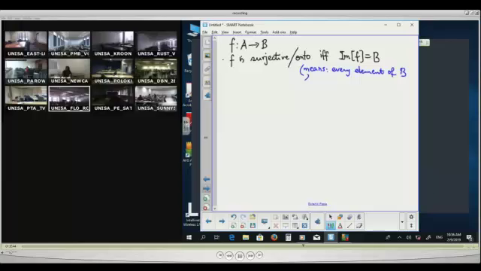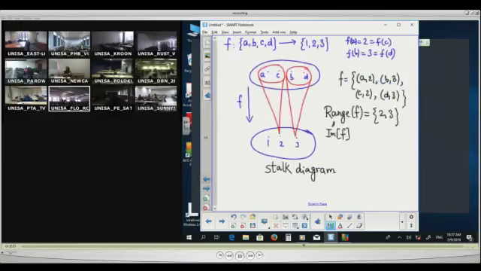So what is the stalk? Let me again put, so this set is the stalk of 3. That means it is the set of all pre-images of singleton 3, which we also write like this. So this is the stalk of 3, this is the stalk of 2, and the stalk of 1 is not shown, so it means this is the empty set.